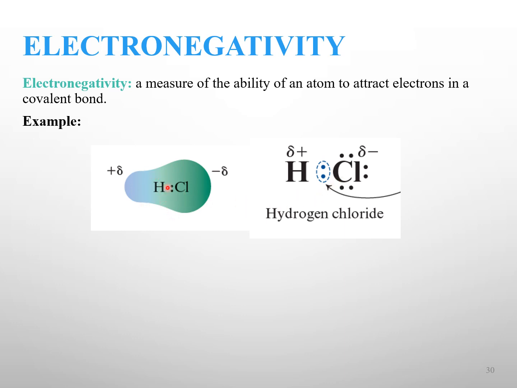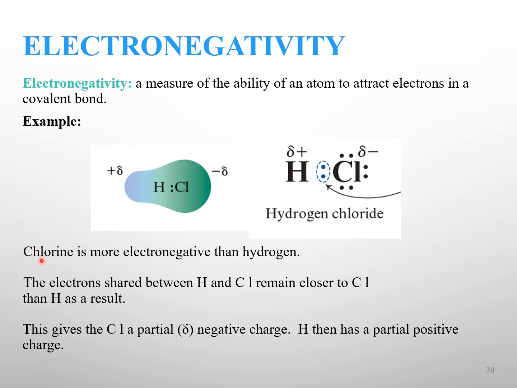So it gains most of the electron density on the Cl side, where hydrogen has a very small electron density on its side. So you have a single bond here, but most of the electron density is on the chlorine side and a little bit on the hydrogen side. Hydrogen is partial positive and chlorine is partial negative, which makes it a polar bond. This is a polar covalent bond, because chlorine is more electronegative, or loves electrons more than hydrogen.